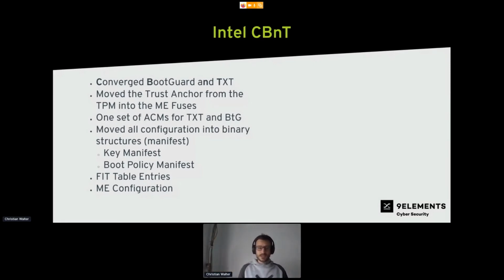They also have another thing called the key manifest that I will talk about later, and all the configuration data. So what you need to configure CBNT basically is a couple of FIT table entries, a couple of ME configuration settings, but it's like 3 or 4 things, a key manifest, and a boot policy manifest.